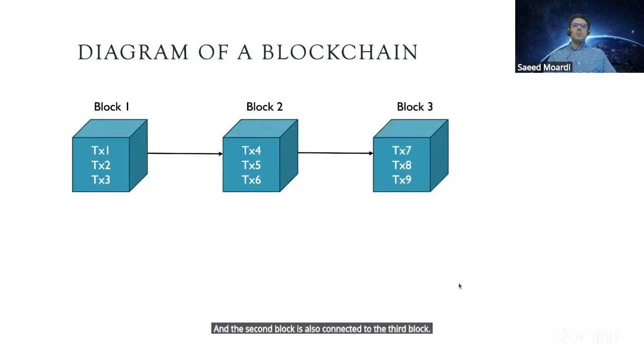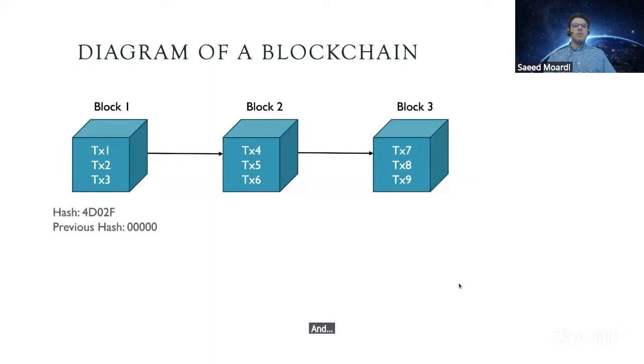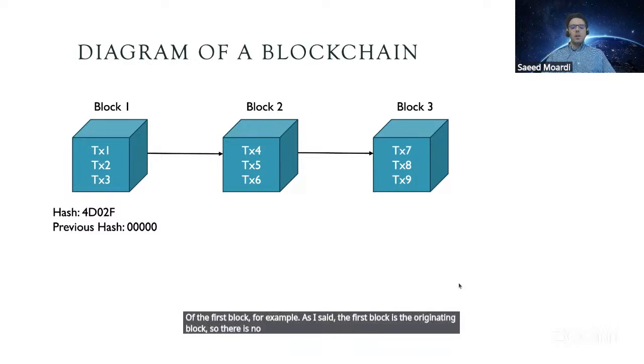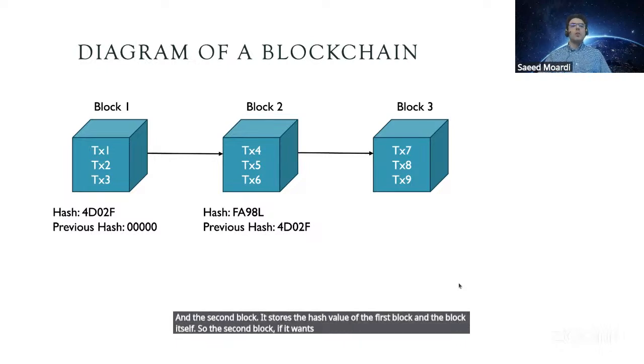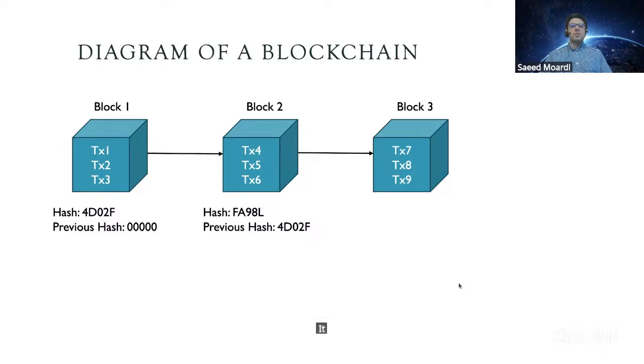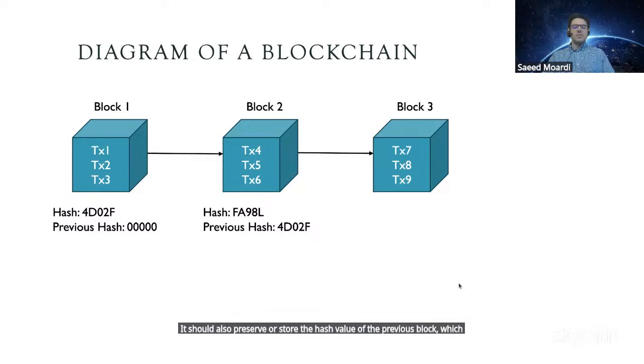For this connection to happen, we have the hash value of the first block, for example. As I said, the first block is the originating block, so there is no previous hash because that's the first block. The second block stores the hash value of the first block and the block itself. So if the second block wants to connect to the first block, it should also store the hash value of the previous block, which is the first block in this case.